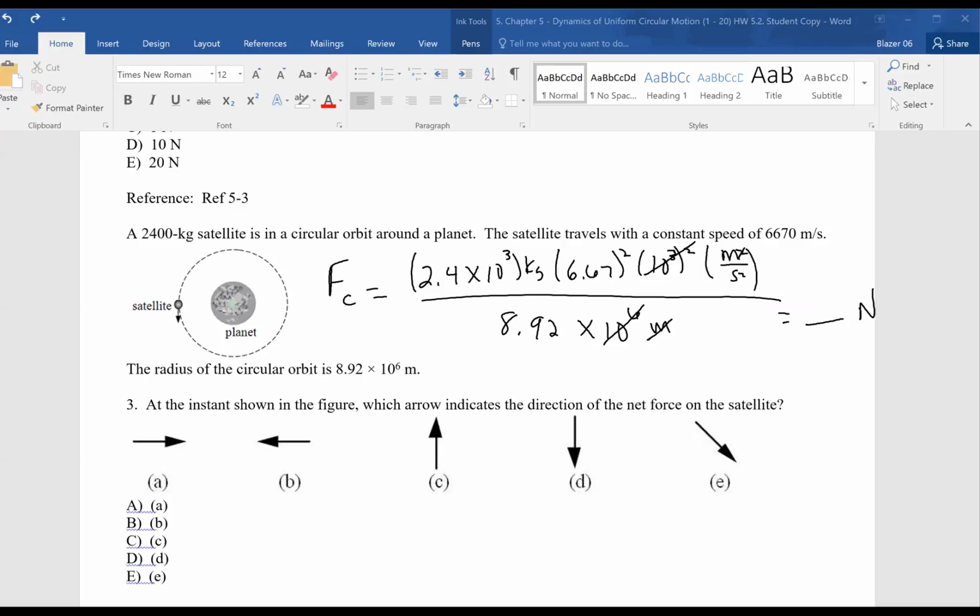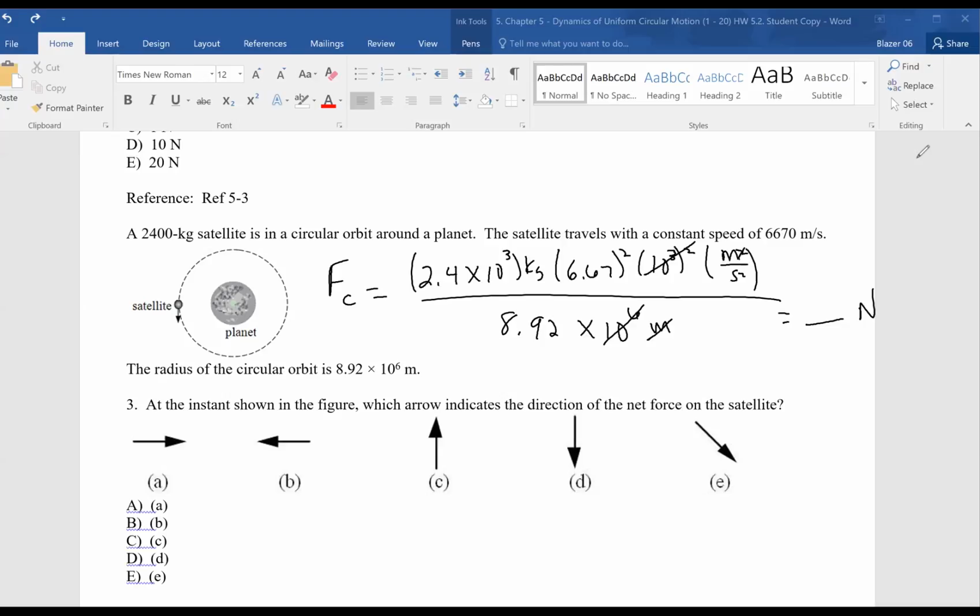Let me see what someone else is saying. I'm looking at your exponents, Kaylin. Let me see what's going on with the exponents there. Let me put it in my calculator and see what I get first.